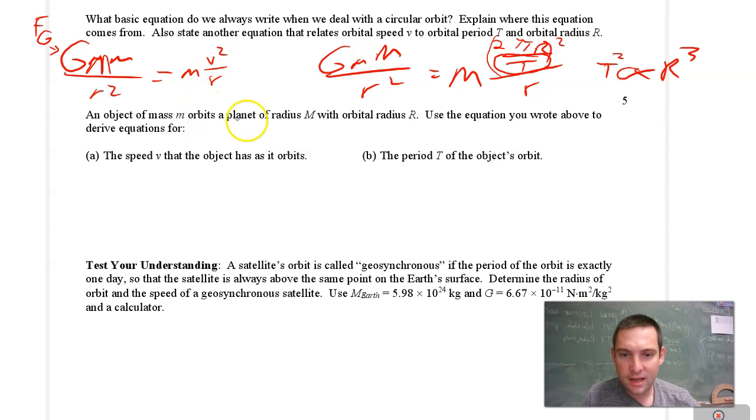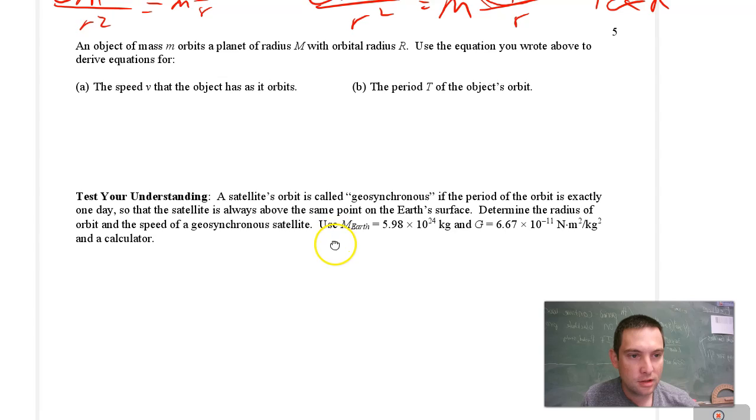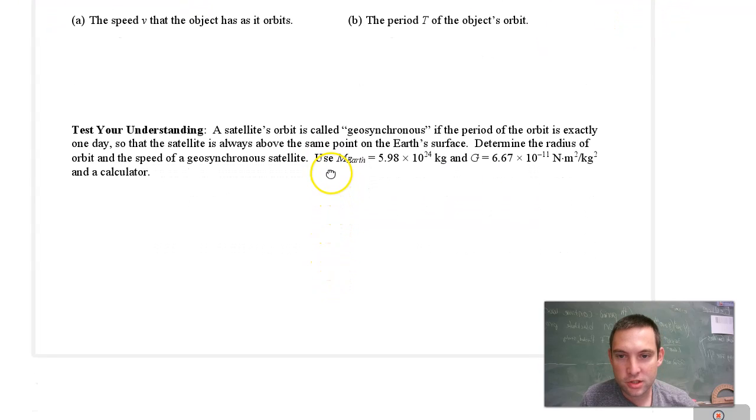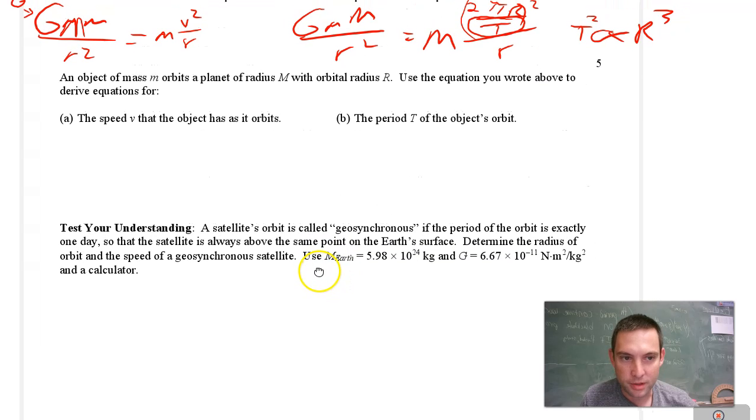An object of mass m orbits a planet of radius big M with orbital radius big R. Use the equation you wrote above to derive equations for the speed the object has as it orbits.